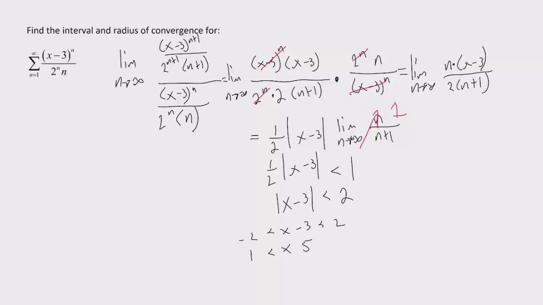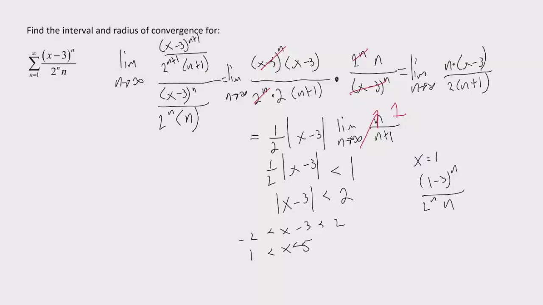The question is, as we talked about a second ago on that number line, what's happening at 1 and 5? So is it convergent at those specific values or not? So let's see. Okay, so let's test at 1 and at 5. So at 1, we got (1 minus 3) to the n over 2 to the n times n.